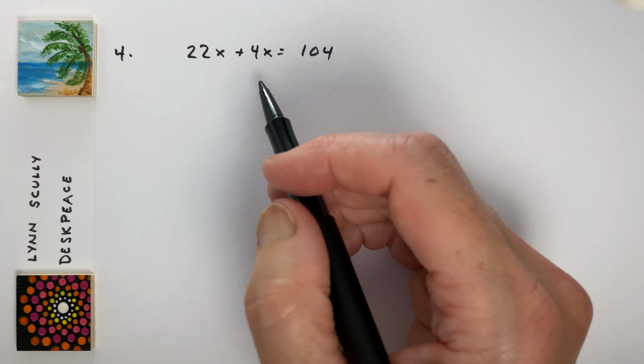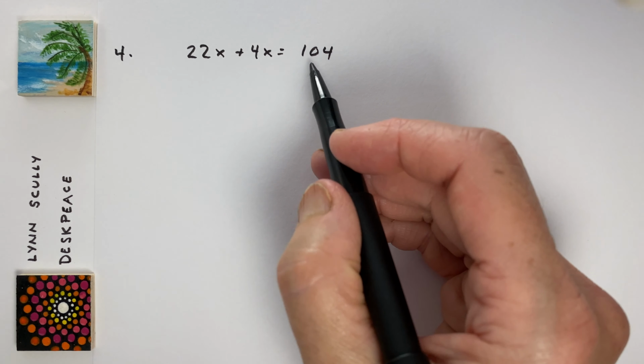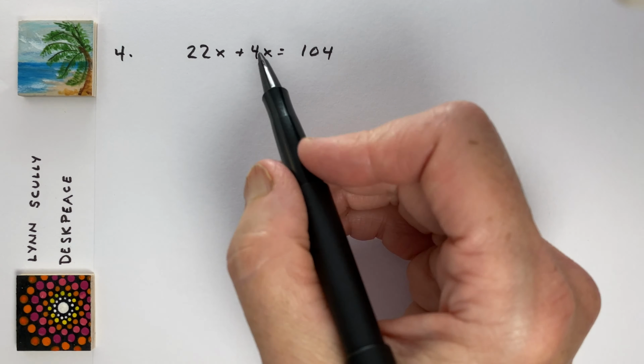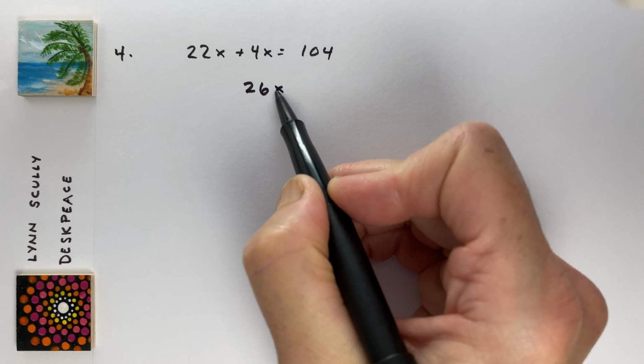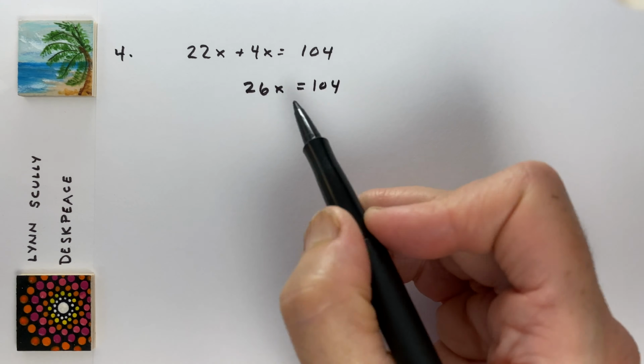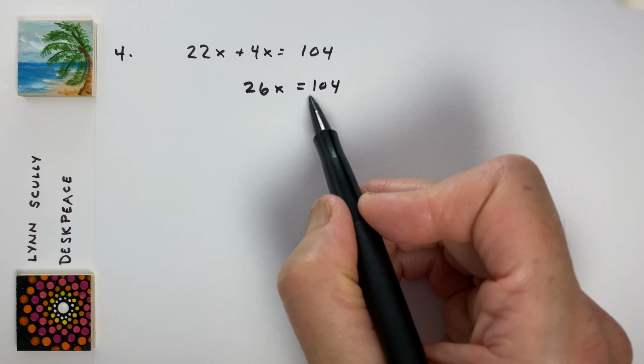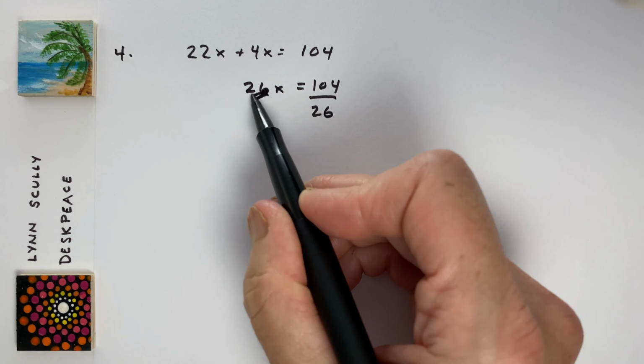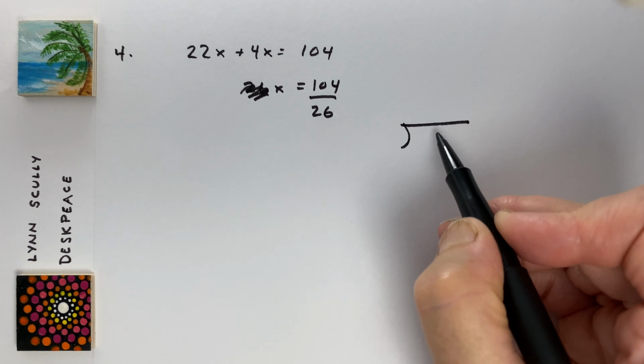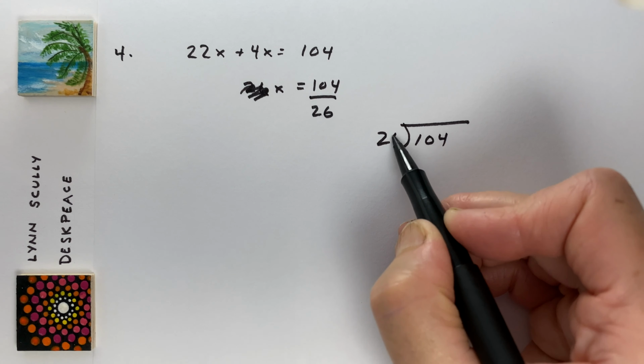Number 4, 22x plus 4x is 104. 22 plus 4 is 26x's equals 104. I want to get x alone. 26 is attached by multiplication. I'll move it by division to the other side of the equal sign. Now, 104 divided by 26.